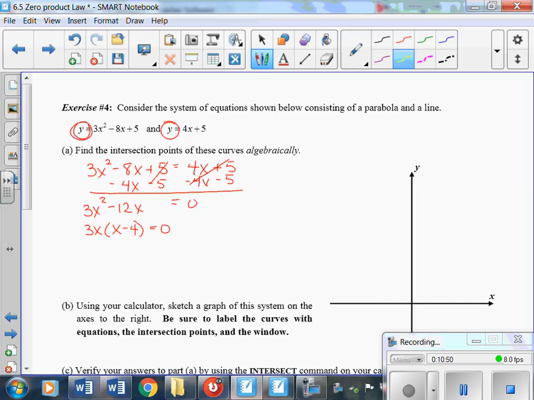Now, this is a little different than having that 4 out front like we did in exercise 1. We can actually say 3x can possibly equal 0, or x minus 4 is equal to 0. So divide both sides by 3, and x can be 0, or add 4 to both sides, and x is equal to 4.